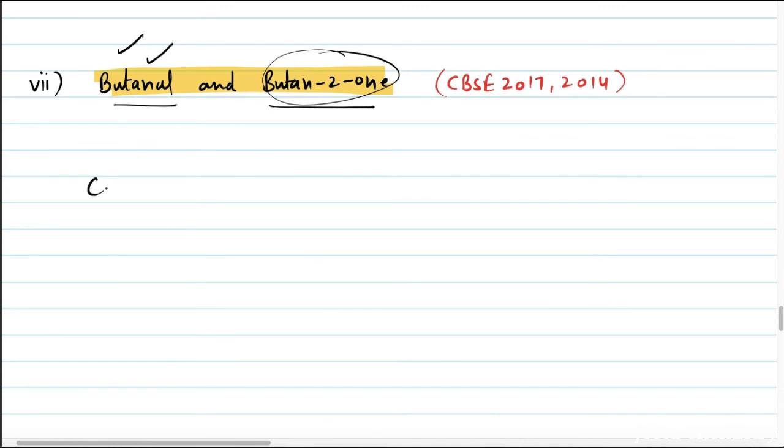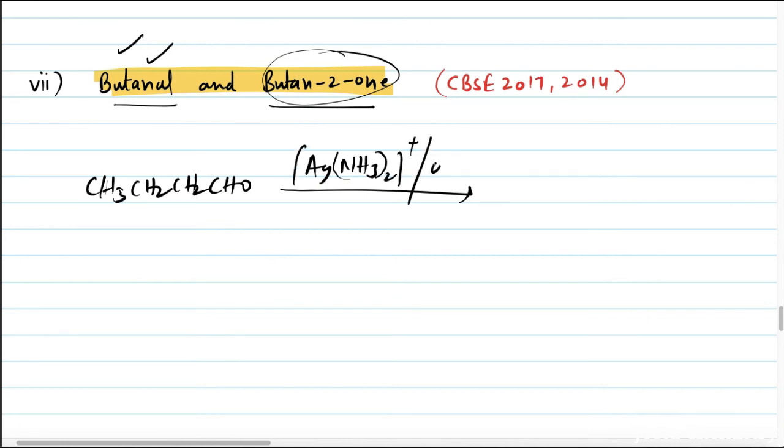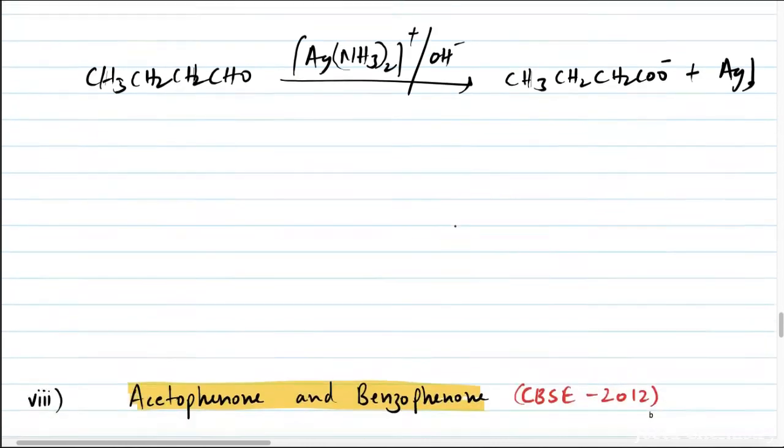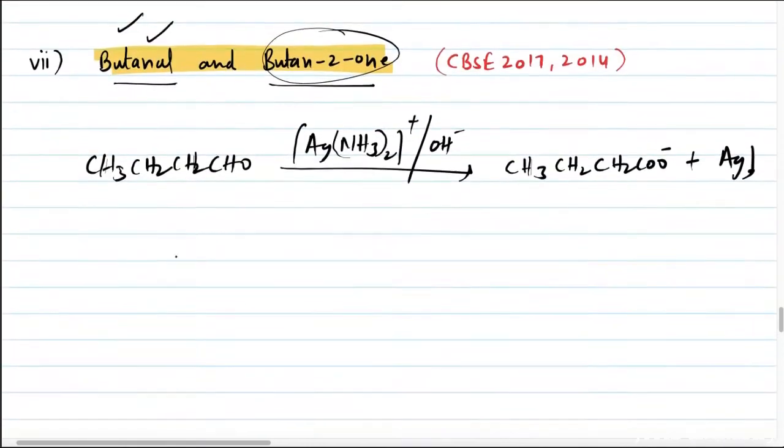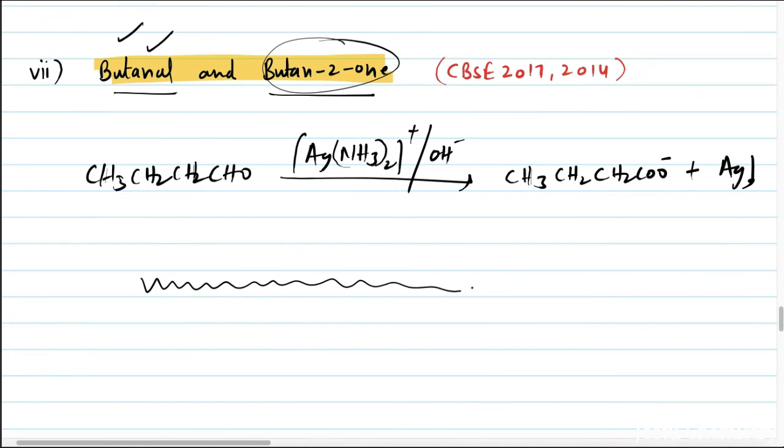So this is your butanol, CH3 CH2 CH2 CHO, and this is your Tollens reagent, twice Ag single positive, OH negative, and what you will get: CH3 CH2 CH2 C double O negative plus Ag settles down. So this is your silver mirror, right? Okay, again what we have to write: butan-2-one does not confirm this test.